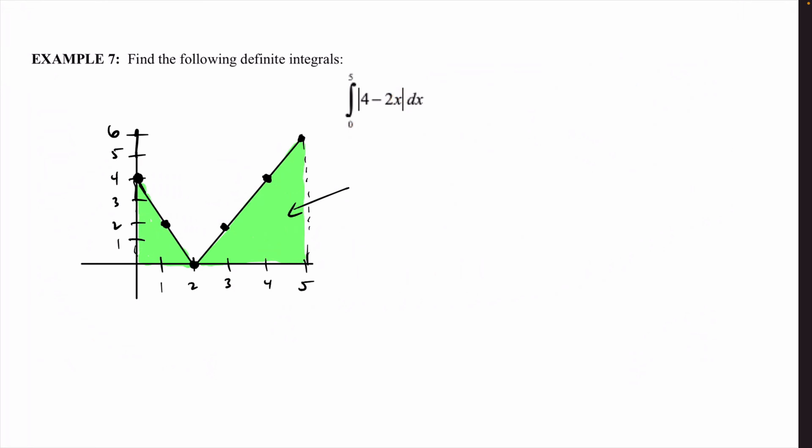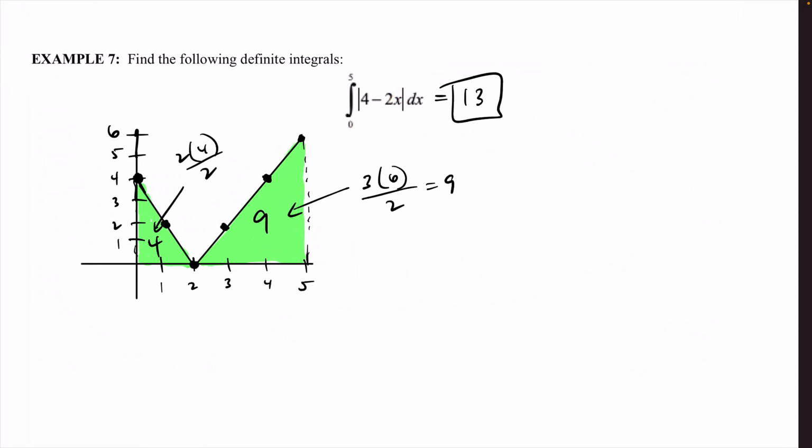So the bigger triangle is 3 by 6, so that's 18 divided by 2, you get 9. The smaller one is 2 by 4 divided by 2, positive 4. Since they're both positive, add them together, you get 13.